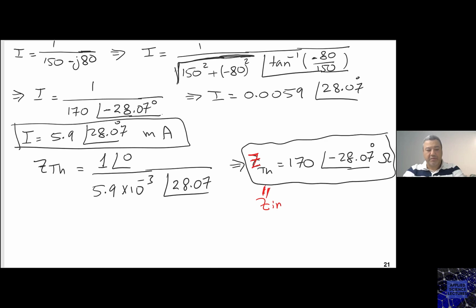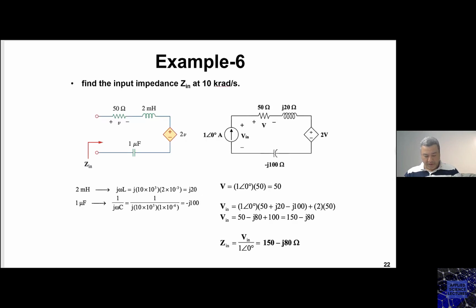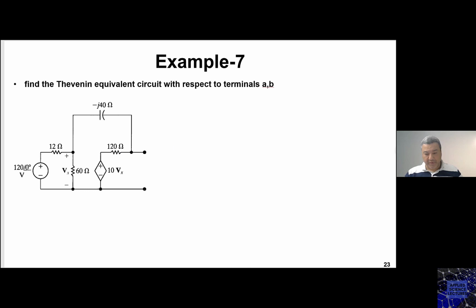Any questions? Any other questions? Okay, so the solution is given to you here. So the last example, which I don't think we will have time to finish in 9 minutes, so we'll keep this one.